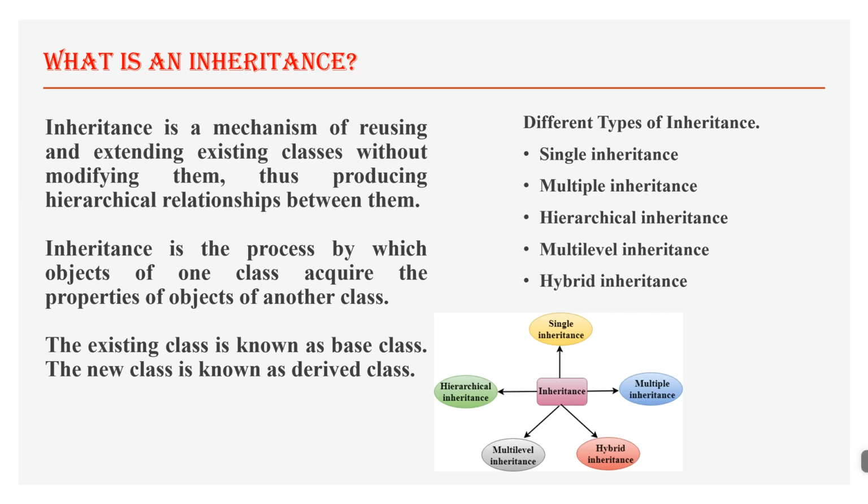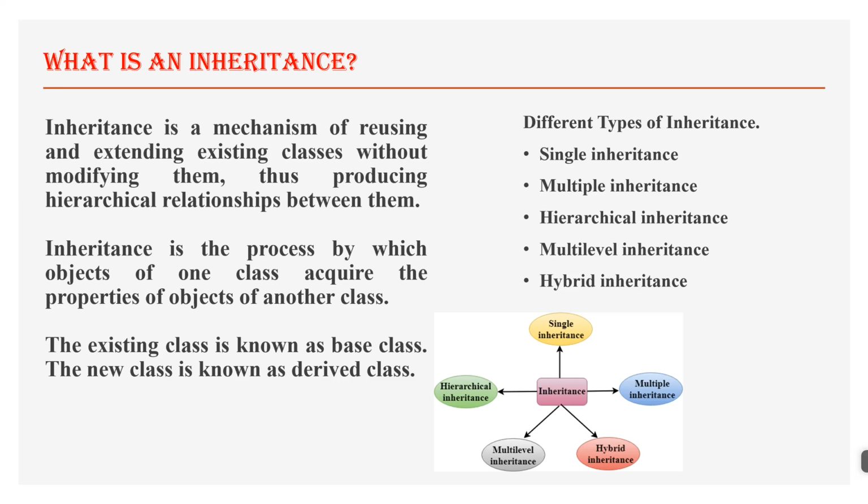Then we have hybrid inheritance. See, each and every inheritance has its own different relationship. Single inheritance is the most simple form of inheritance, wherein a child class or a derived class is inheriting some of the properties from only one class, which is called the base class or parent class.